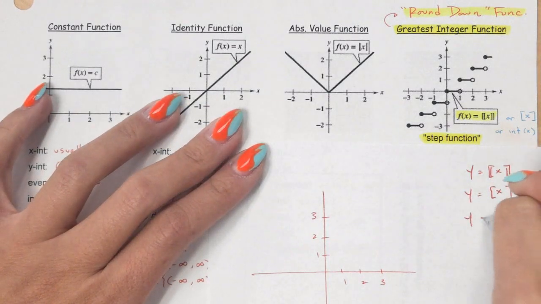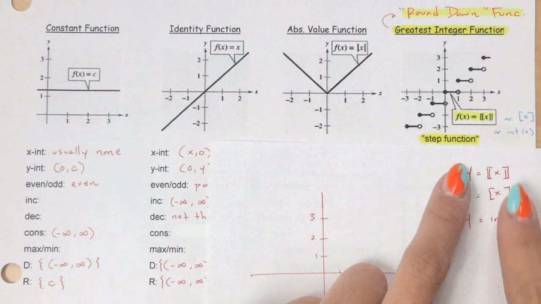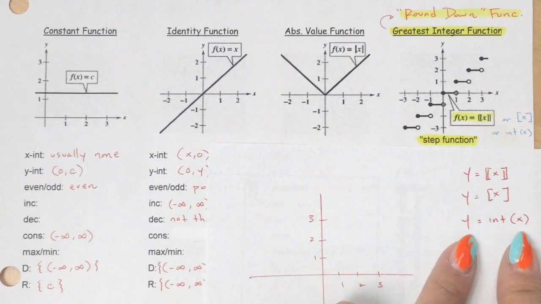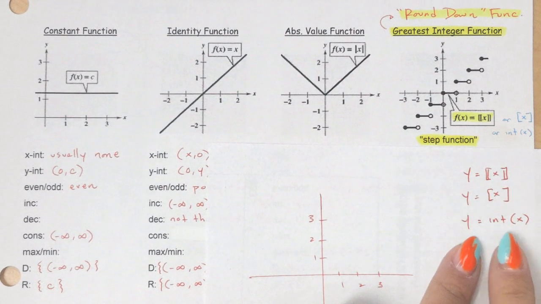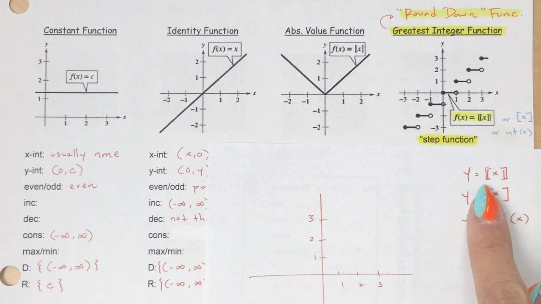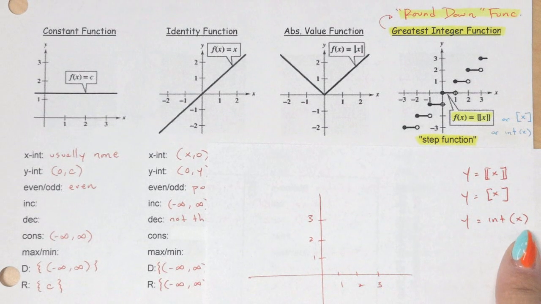Or you'll see y equals, and then it's an int. So that stands for integer, so integer function. All of these mean the same thing. When you see this on a quiz, on a test, on a pop quiz, you're supposed to know what it means. So when you raise your hand and ask me, is that an absolute value function? I can't tell you on a test, but on a regular day, I'll be like, oh, that's the step function, okay?